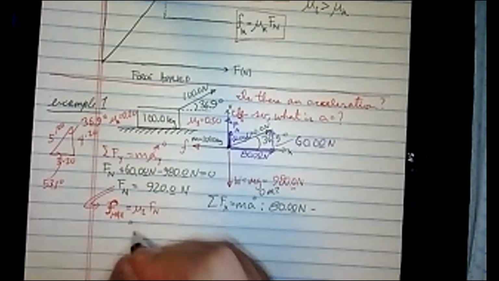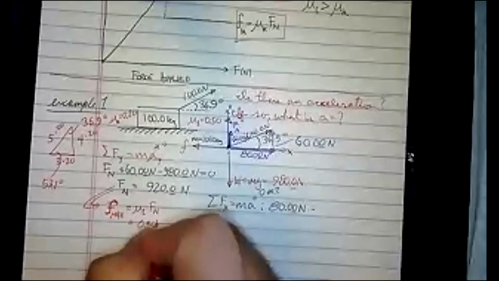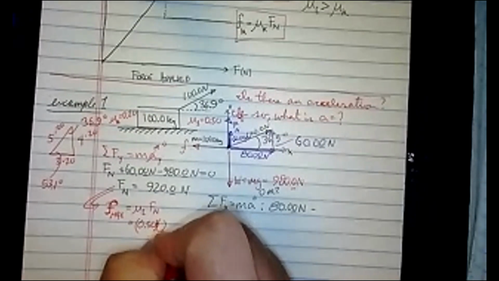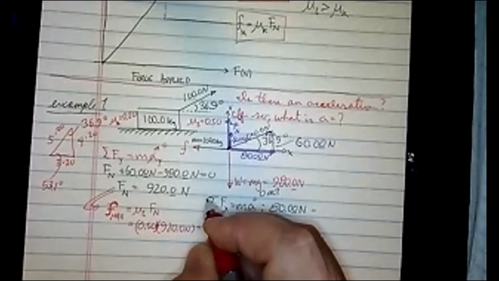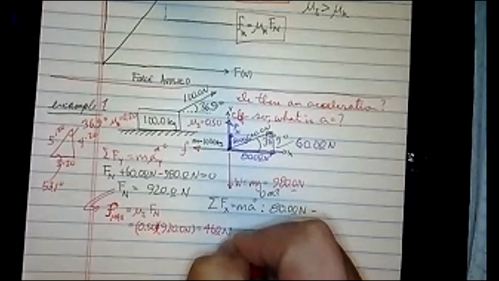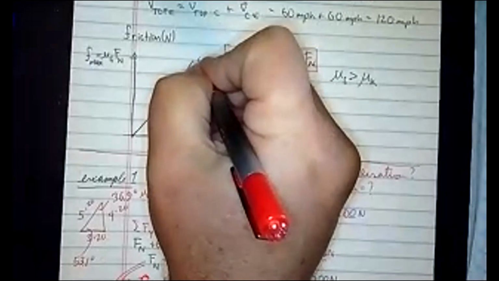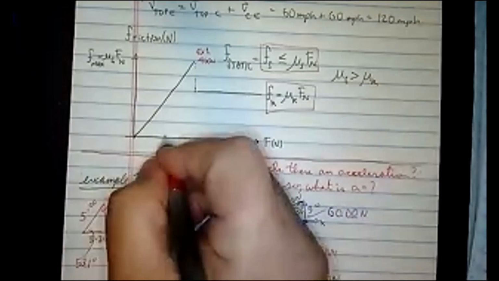Okay. So you can see that the max force that friction can put out would be 0.50, actually, it's supposed to be 50, 2 sig figs, times 920.0 newtons. So that's going to be 460 newtons. So if we look back at our graph, we see this is 460 newtons for this particular problem. And the actual force that is applied is 80 newtons.